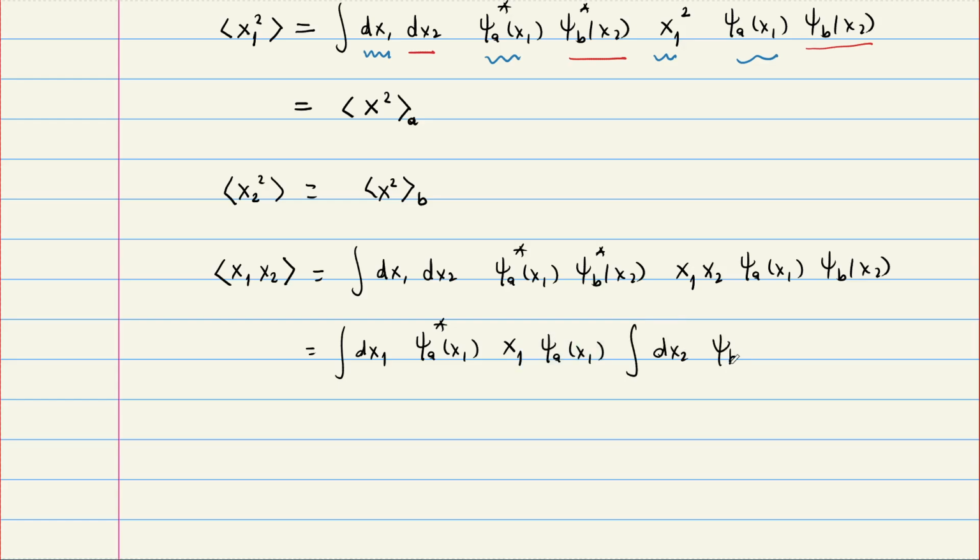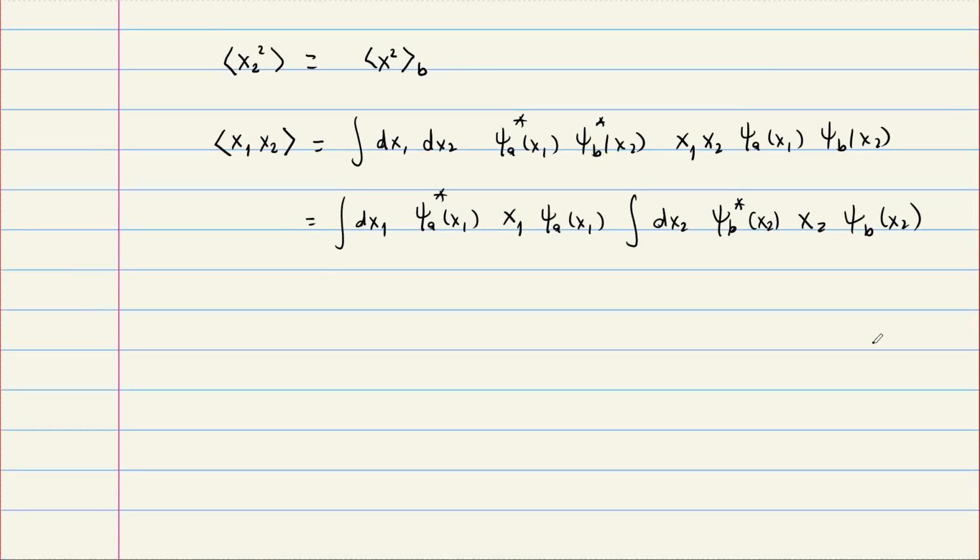Psi b star x2, this is x2, psi b x2. And now this is the expectation value of the position operator in A, this is the expectation value of the position operator in B, and I'm going to write it as x in A times x in B.